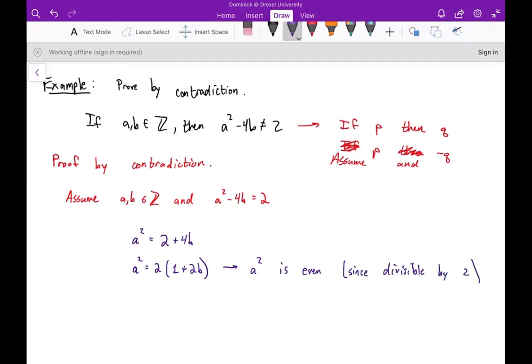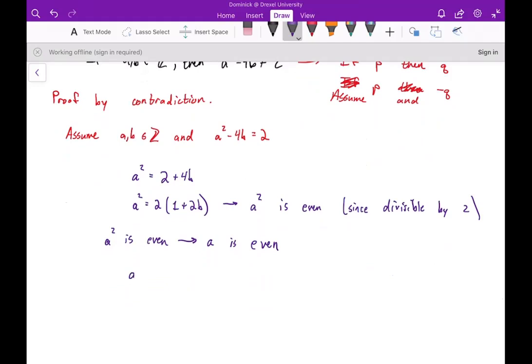Now, if a squared is even, and we'll prove this later on, we get that a is also even. So if a is even, then a is equal to, say, 2k for some integer k.